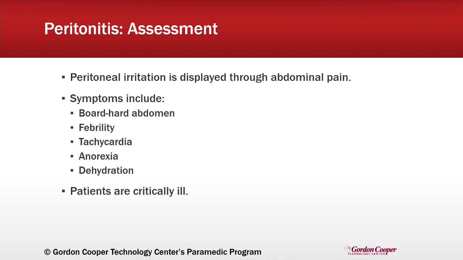Other signs and symptoms we might see: the abdomen may feel really hard, like rock hard abs, only in someone you wouldn't expect to have that, or in a situation where you wouldn't expect to find that. A patient may have a fever as well, and oftentimes they're going to want to curl up in the fetal position to try to get some relief from the discomfort. Tachycardia, nausea, vomiting, loss of appetite, and dehydration are not uncommon.